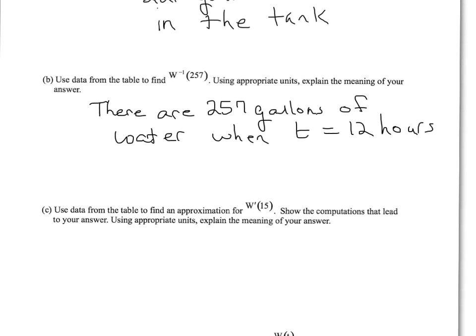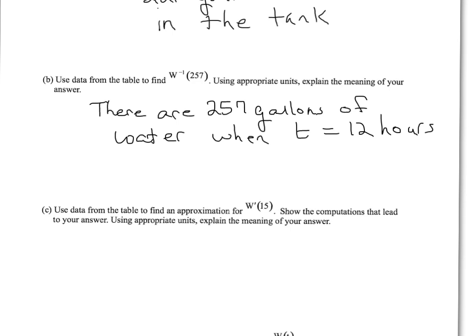Okay, this says use data from the table to find an approximation for W prime of 15 and show the computations that lead to your answer. Explain what your answer means. So what does W prime of 15 mean to us?